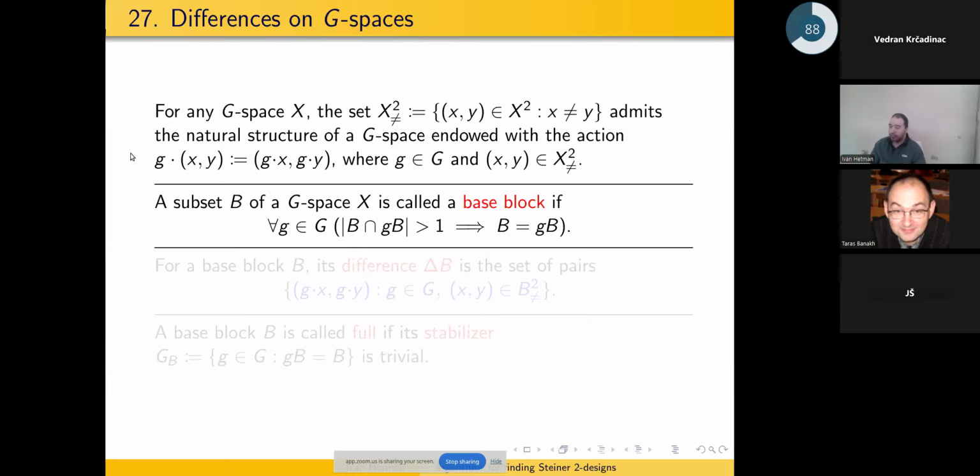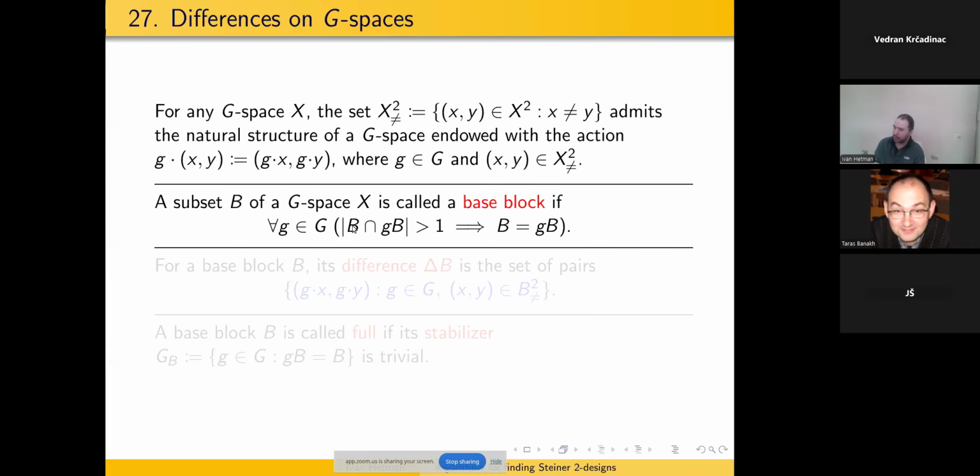Okay, now the same definition for the base block, nothing changed. If we have a subset B of a G space X, this subset is called a base block if, again, this property holds that makes the first Euclidean axiom satisfied.